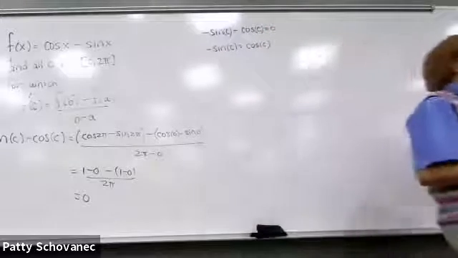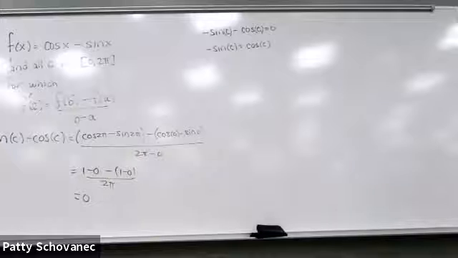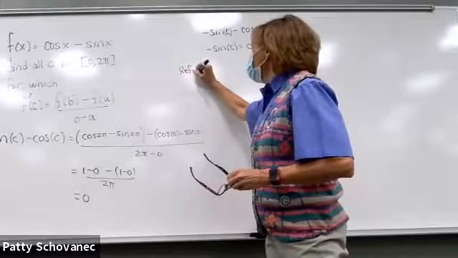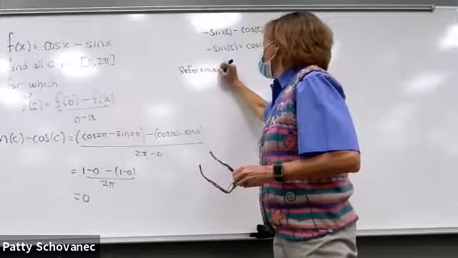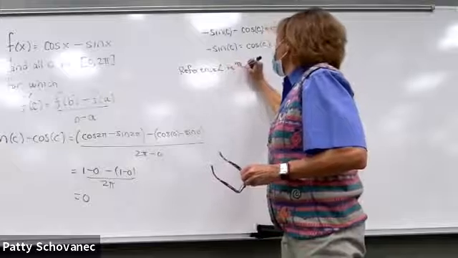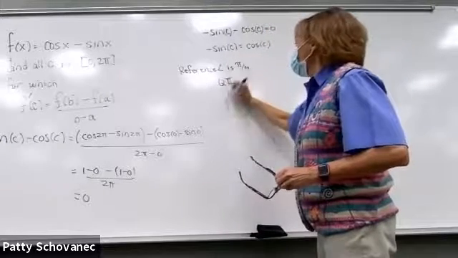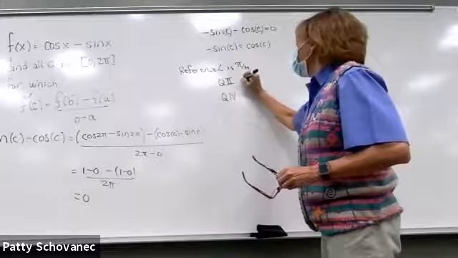Do you know where the sine and cosine are equal? They're equal at pi over 4, so they're going to be opposite in sign in quadrant 2 and in quadrant 4, right? So our reference angle is pi over 4. But they are opposite in sign in quadrant 2 and in quadrant 4.